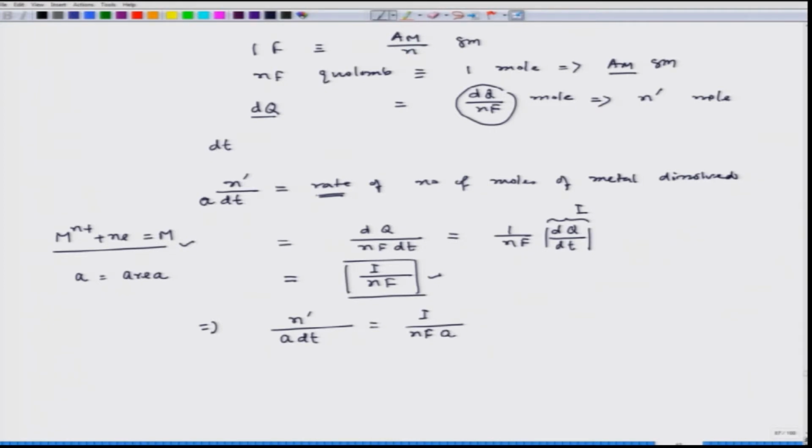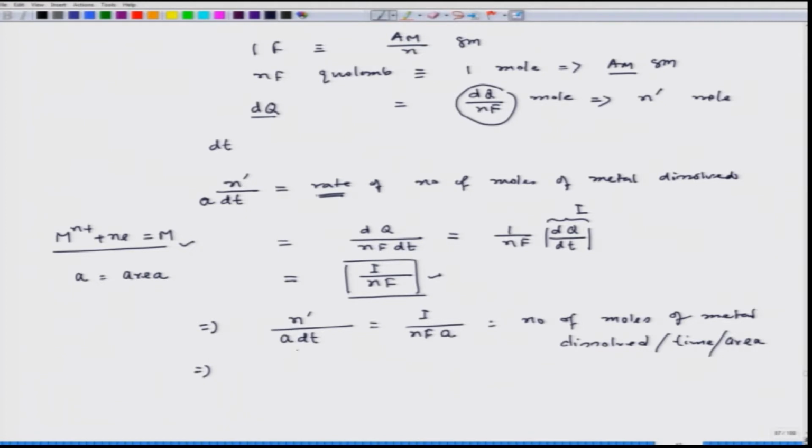So, now it becomes the number of moles of metal dissolved per unit time, per unit area. So, this is the proper indication. Now, it is in the number of moles, and we can convert this into grams per unit area per unit time.